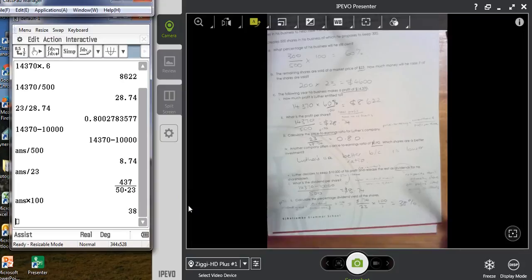Remember units in this. So we've got percentage, we've got dollar signs throughout. Make sure you include those so that you don't lose marks for units.